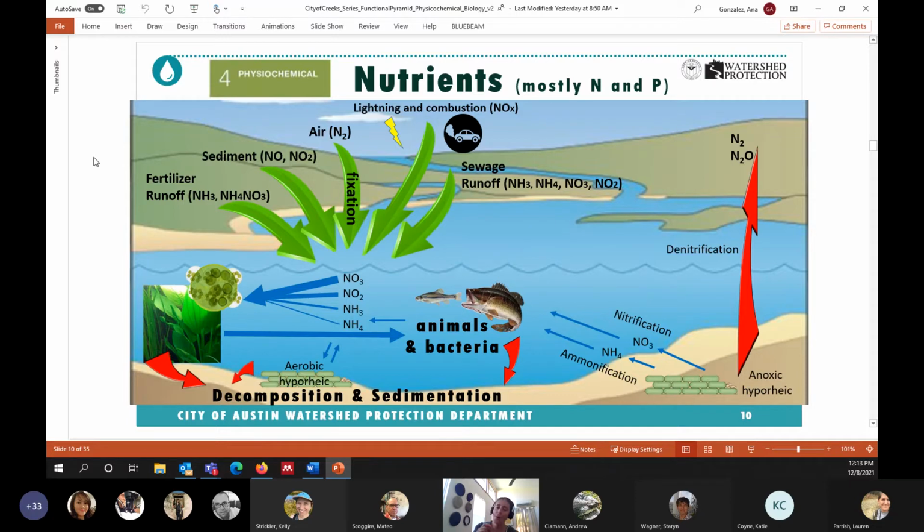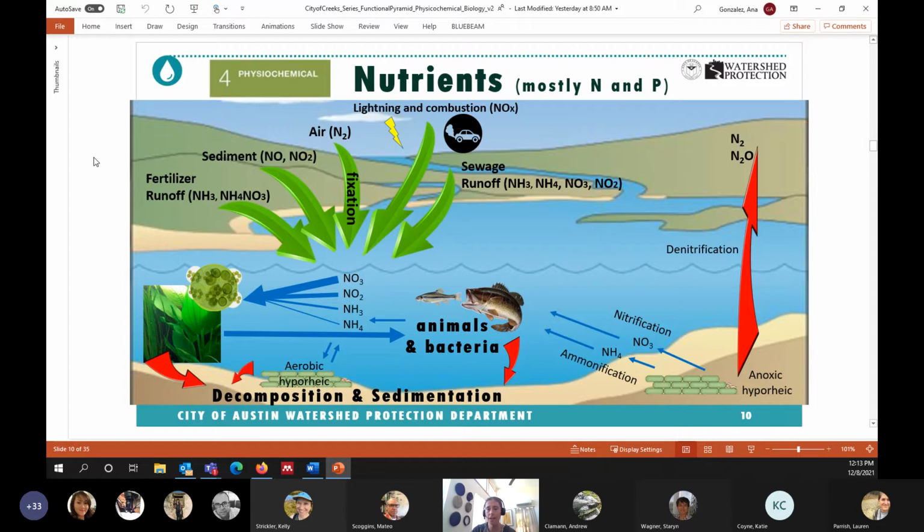One component of the stream function is the microbial community. They are involved in decomposition and in modifying one form of nitrogen to another in the absence of oxygen. And if carbon is present, a really important process takes place, which is called denitrification.